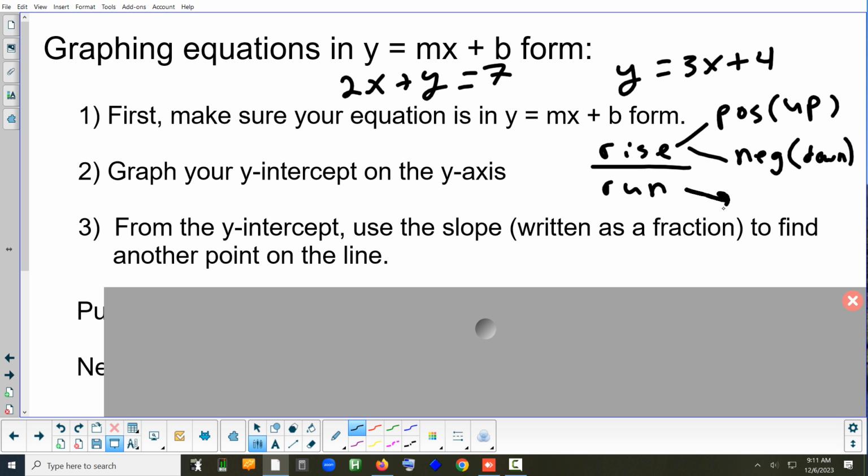And just to keep things simple with the run, we're always going to go to the right. The only time I would go to the left is if I ran out of room on my graph paper and I was on the edge and I had to go the other way. Otherwise, I'll go up if the rise is positive. I'll go down if it's negative. And the run, I'm always going to go to the right.